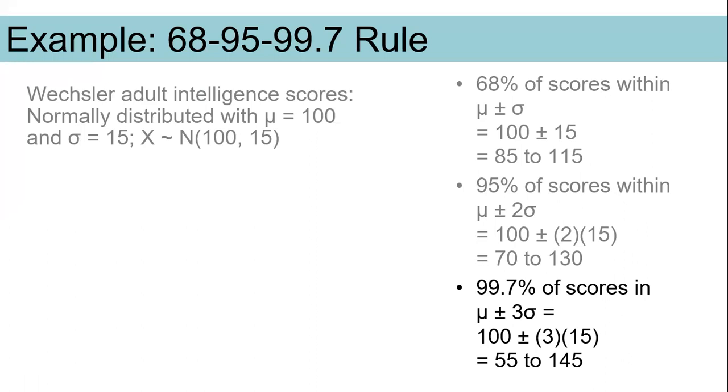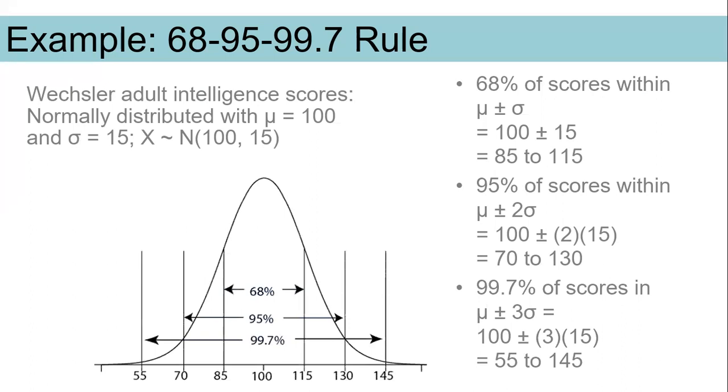This means that for those people who got 55 to 145, it is expected that there are 99.7% of them, again assuming that they follow a normal distribution. So this is how it looks. From here, you subtract 15: 85, minus 15, 70, minus 15, 55.